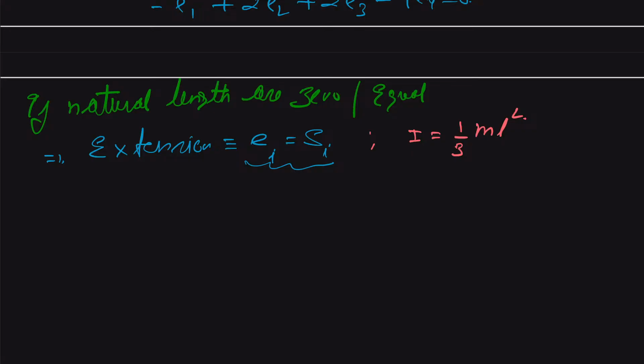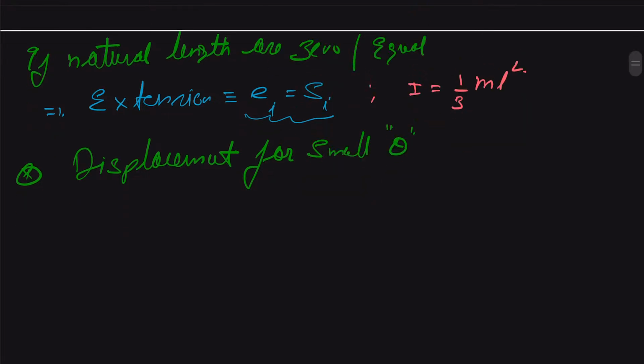And now we come to our small angle displacement, for small theta. So like we said, for small theta, we can write that sine of theta is approximately equal to theta and cos of theta is approximately equal to 1.